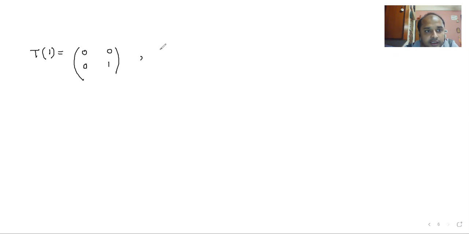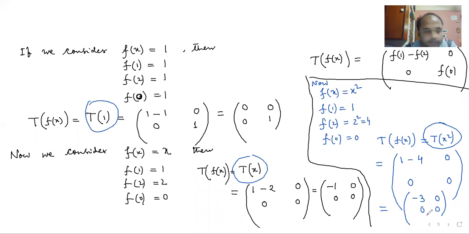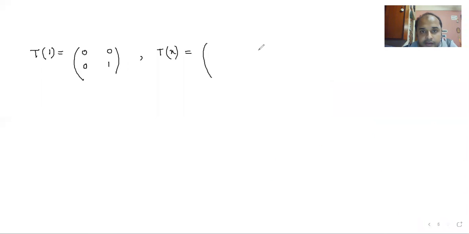We have T of x as minus 1, 0, 0, 0, and T of x square as minus 3, 0, 0, 0.